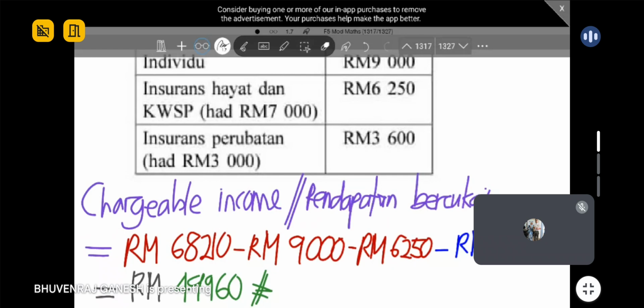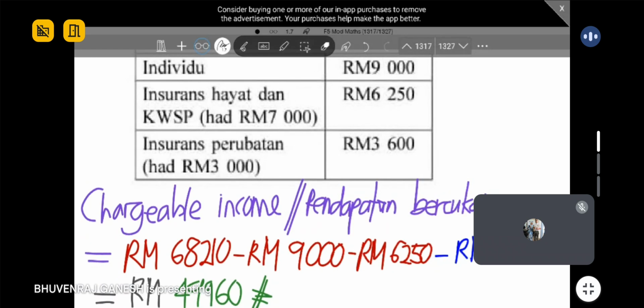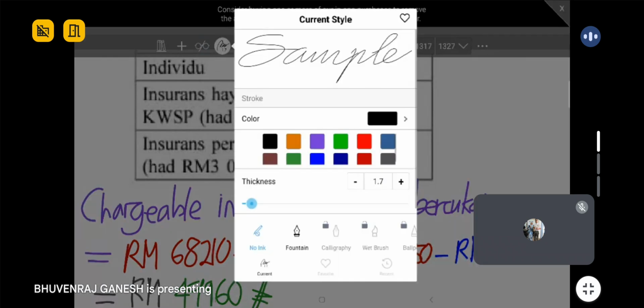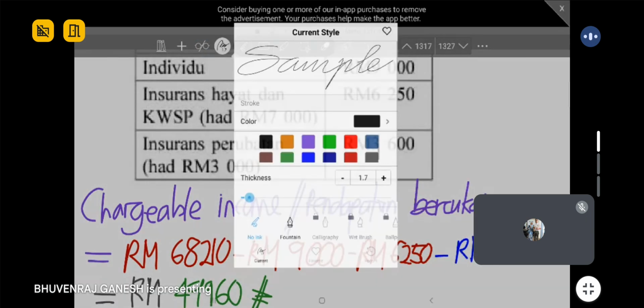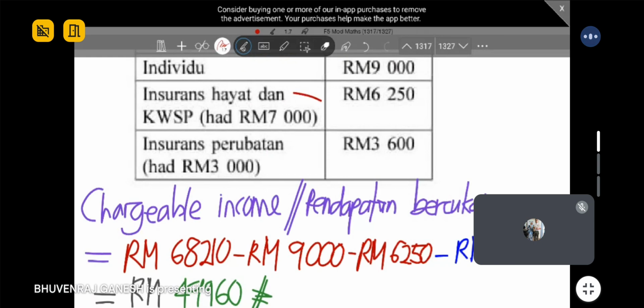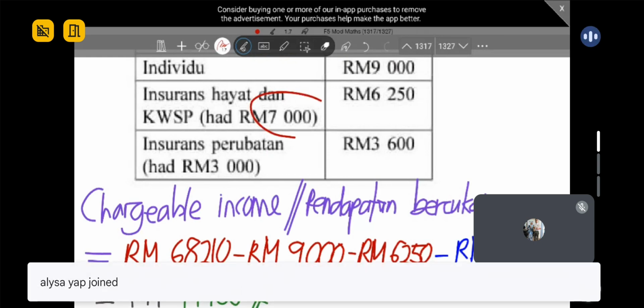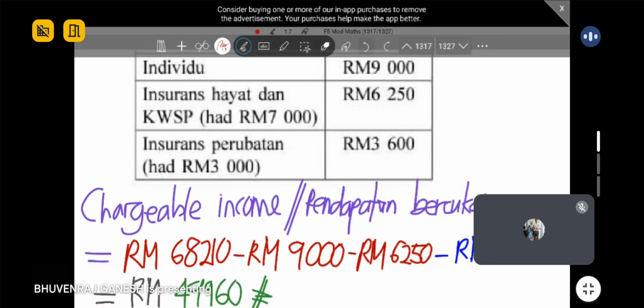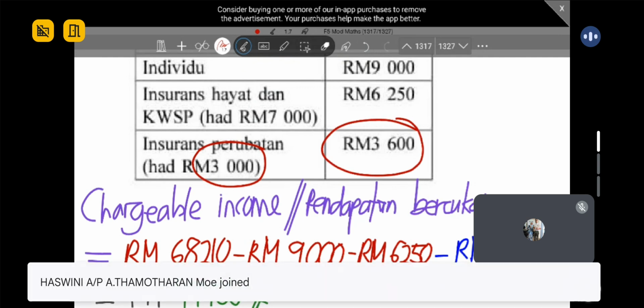Okay, guys. So one thing you need to be careful of here. Satu benda kena hati-hati. Can you see the limit? Okay, guys, you compare these two values. Bandingkan dua nilai ni. Can you see that 3,600 is greater than 3,000.